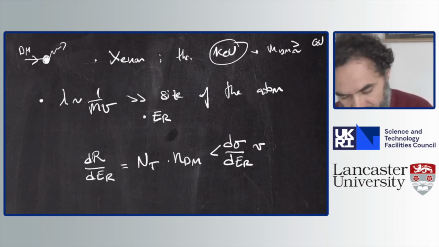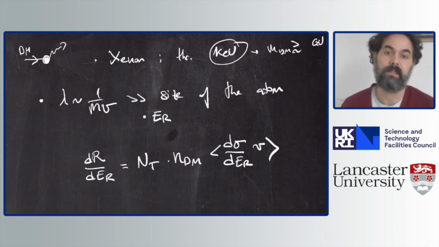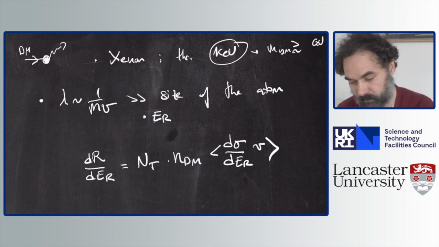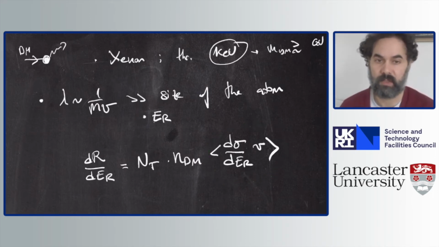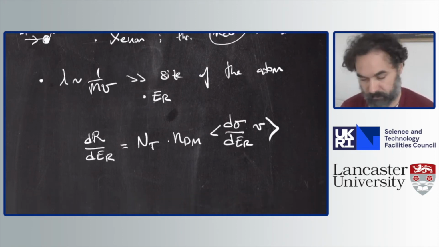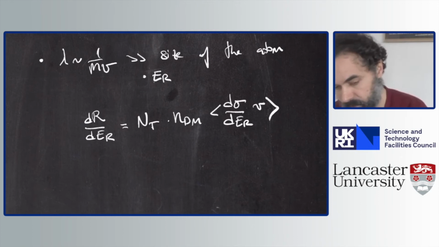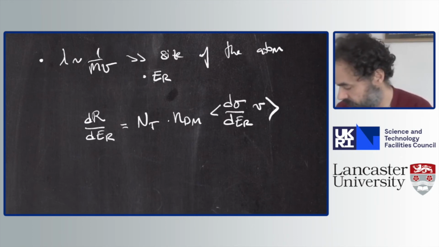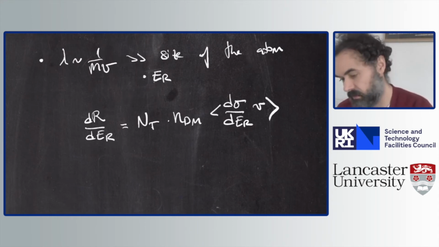And finally, the flux is the important thing. The flux has some velocity, and all this is averaged over the distribution function of the dark matter particles. We're going to compute this in the following lesson.